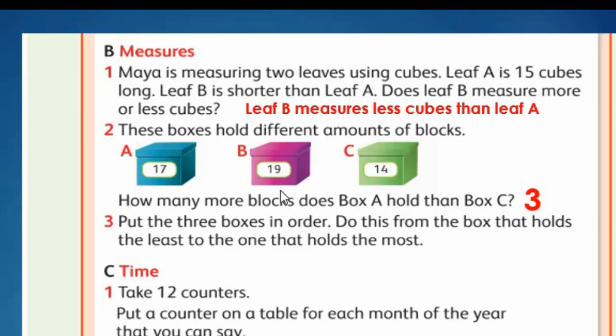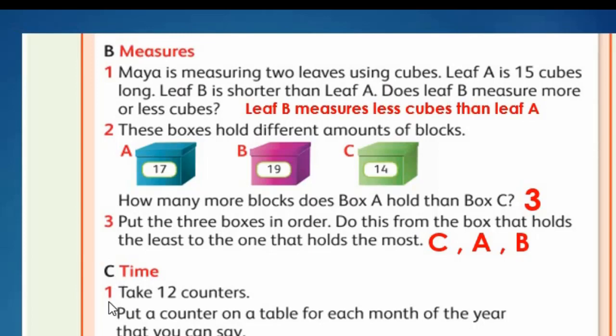A. Great. So which one holds the most? B. So C holds the least blocks, then A, and then B holds the most. That's why the order should be C, A, B.